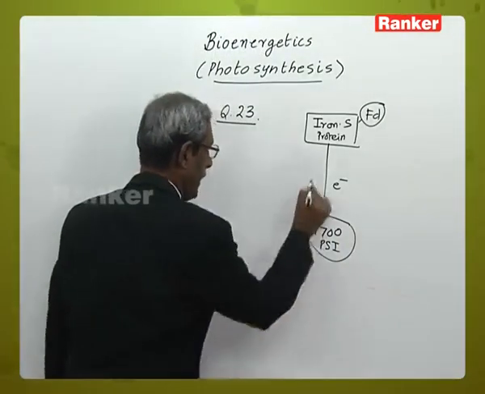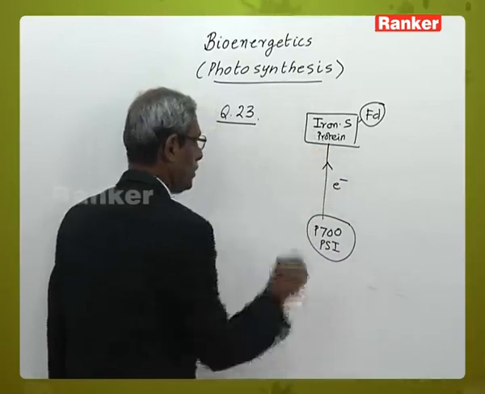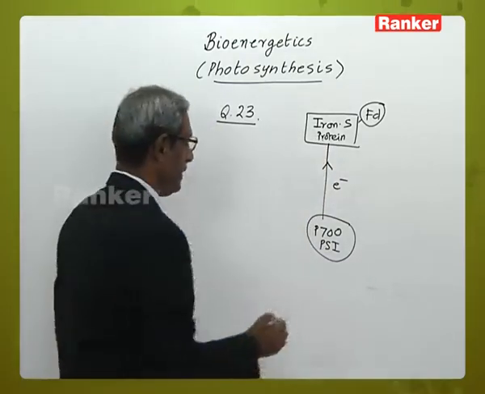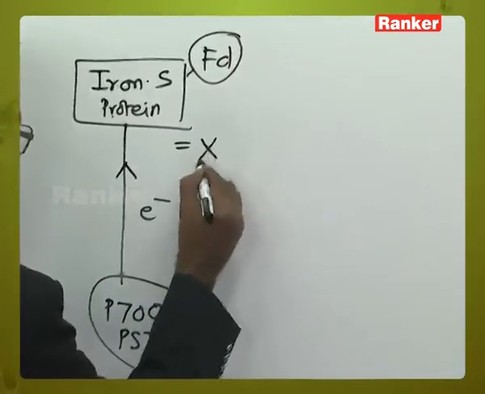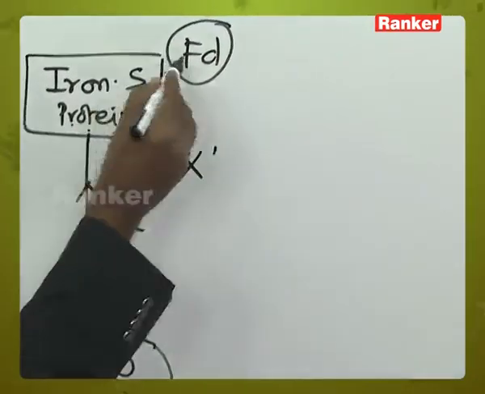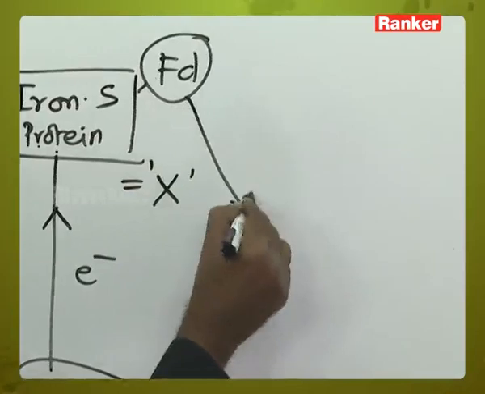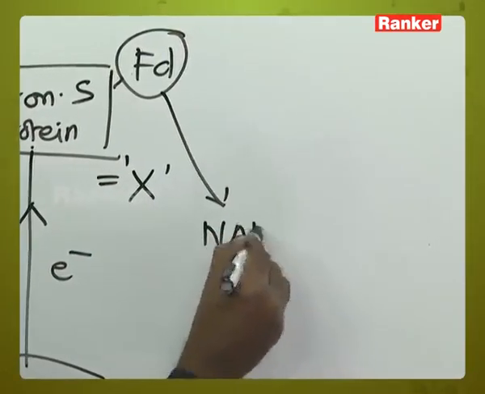From photosystem 1, electrons move into an iron sulfur protein. The iron sulfur protein was initially not discovered, hence was designated as X. From X, it goes to ferredoxin, and from there we have the formation of NADPH2.